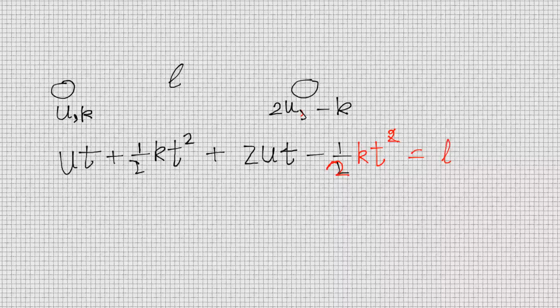Okay, let's see. That will be just 3ut it looks like, s equals ut plus a half at squared.